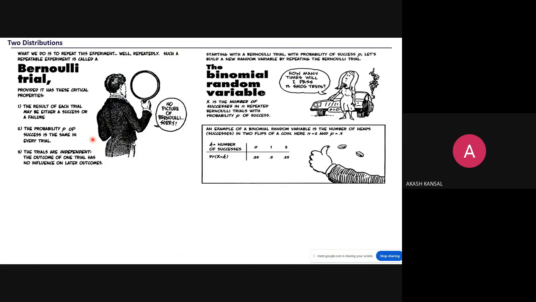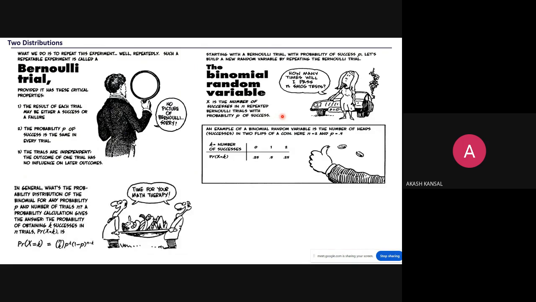Okay. Next thing we discussed the binomial random variable. So the random variable for these Bernoulli trials converts to a binomial random variable. And then we saw the probability distribution for the binomial random variable. So the probability of k successes is given by this formula, NCK, where this is the representation for NCK.